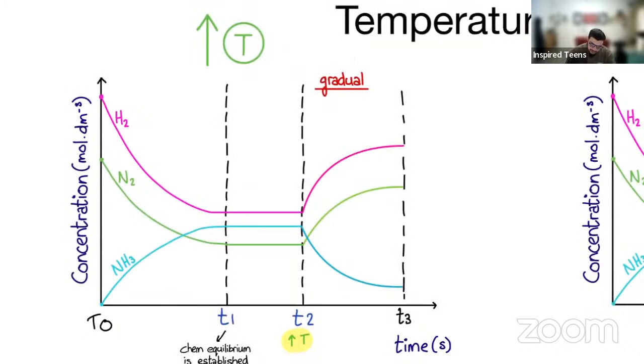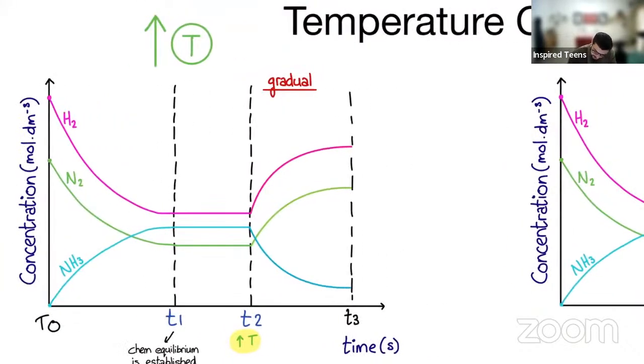So firstly, we're only going to do this for the first one. What color can we use? Let's use green. This is where equilibrium is. During this time, equilibrium is being experienced, and that's from T1 to T2.